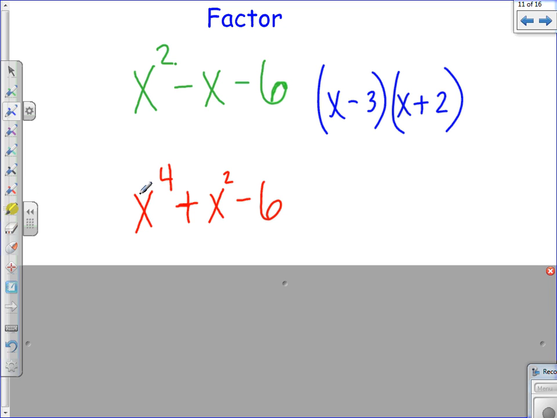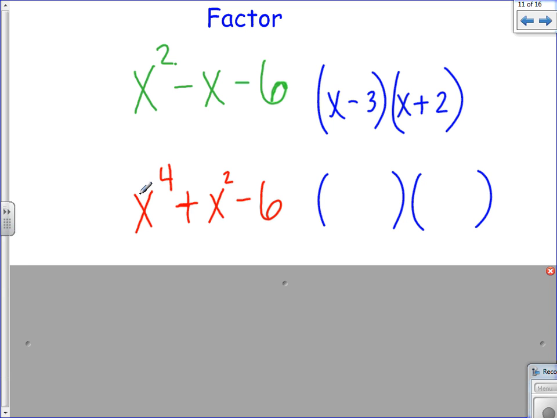Alright, this equation should have a 2 right here. Okay, so now that it does, if we were to factor this, I would still factor it in the same way. Instead of being x and x, though, to make the first term x squared, I would make this an x squared and an x squared to make the first term x to the 4th. Okay? And then my factors for 6 are still going to be 3 and 2, and I'm going to end up having a plus 3 minus 2.